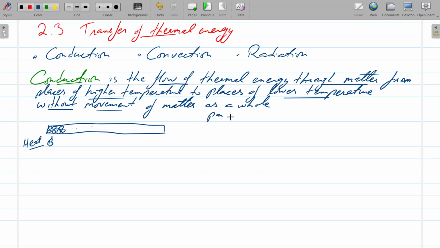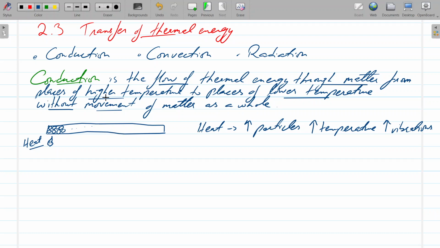When you're heating it, the energy of the particles increases, and they're not moving from one spot to the other, they're in their fixed positions, but along with the increase in energy, their temperature obviously increases, and their vibrations also increase, because we know that particles are always vibrating.